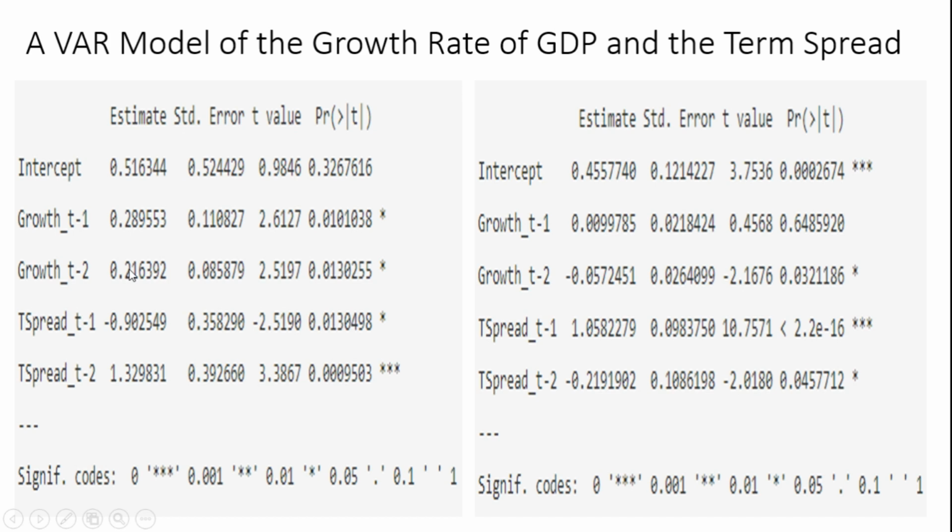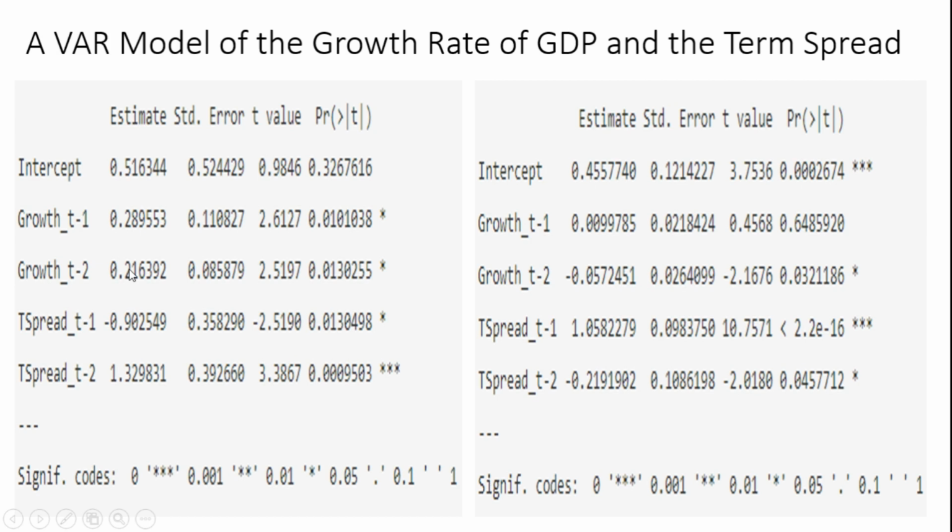We have the coefficient of GDP growth lag 1, which is 0.28, and the level of significance is 10%, as is the same for GDP growth lag 2, as well as term spread of lag 1.